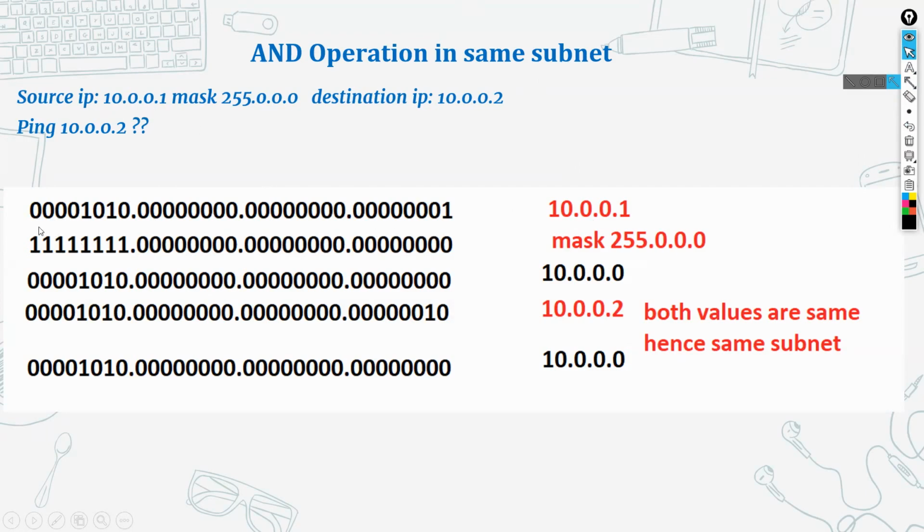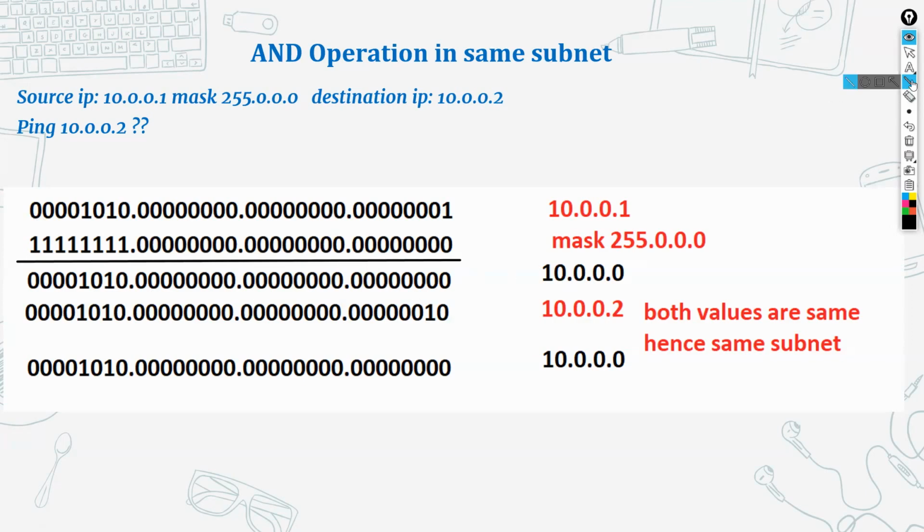And the second line is the mask, in 0s and 1s form, in binary, 255.0.0.0. Now there will be an AND operation between the IP address and the subnet mask of PC1.